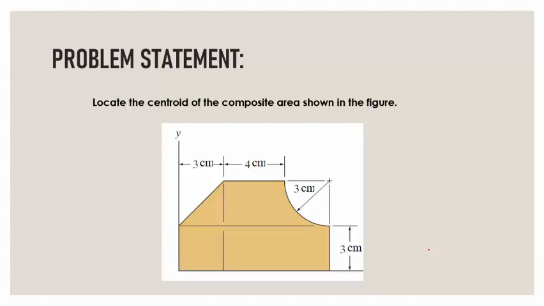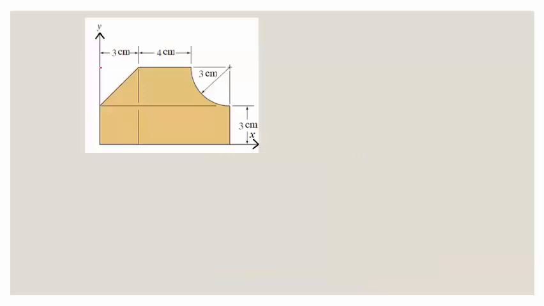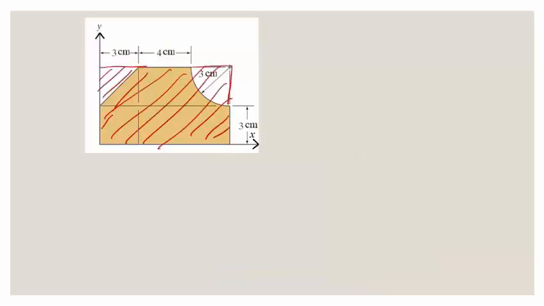So for such cases, we have to separate the entire composite lamina into a minimal number of subsections. For that, the entire rectangular portion of length 3 plus 4 plus this 3.